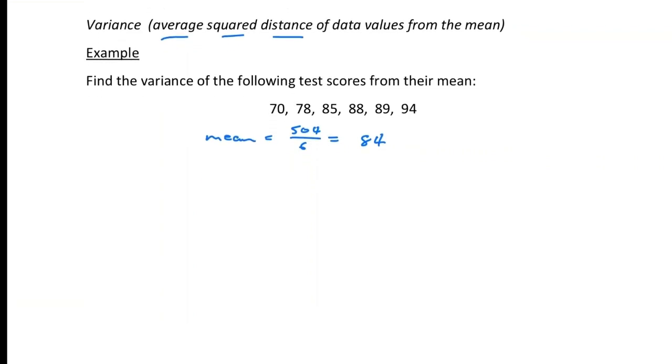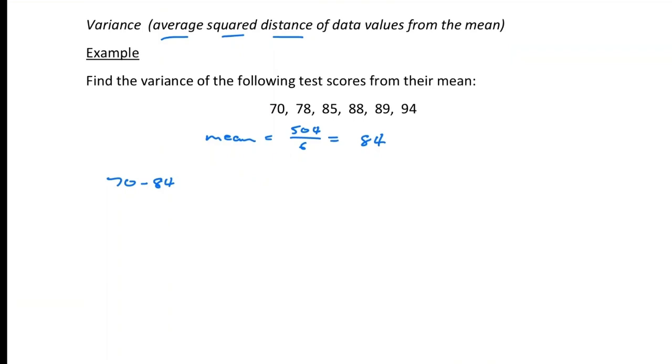Okay, so what's going to happen now is I'm going to find the average of the squared distances from those 6 values to the mean. So we're going to actually work that idea backwards. I'm going to start with distance. So I want to find the distance from 70 to 84. Now, it doesn't really matter which order you subtract these in. I just typically do value minus mean, value minus mean, value minus mean.